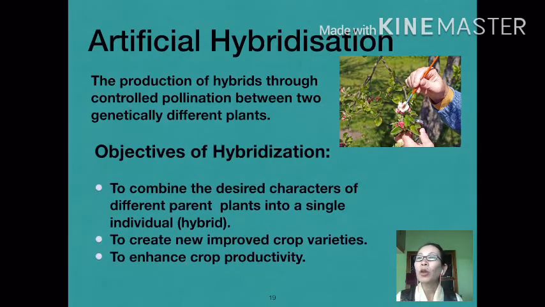Some of the major objectives of hybridization are to combine desired characters of different plants into a single plant. As stated earlier, it is a popular technique to create new improved crop varieties, and it is also a means to enhance food production.